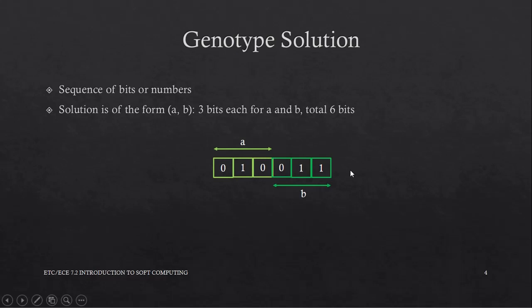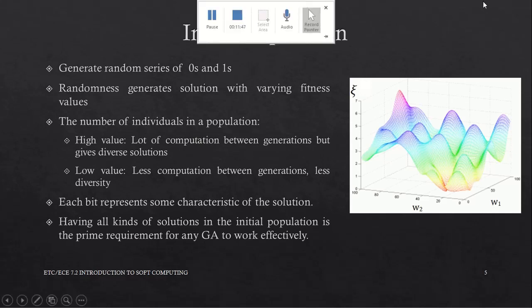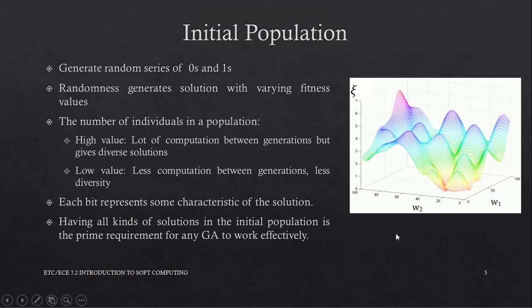Now let us come to the initial population. One of the first steps in the algorithm is to generate the initial population or the starting population, which ultimately leads to the next generation, the newer and newer generations. Mostly the initial population is generated randomly.